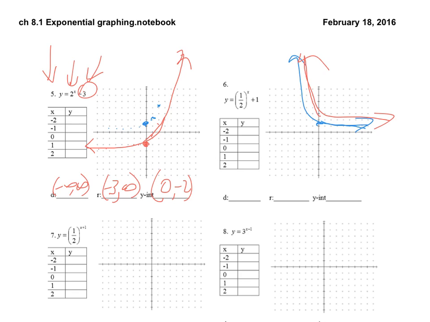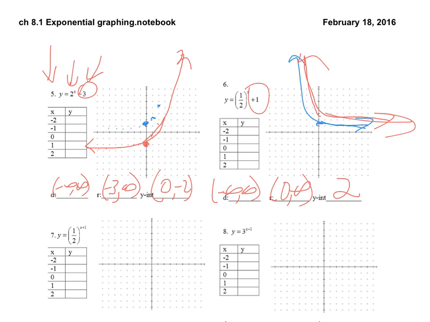Now, it looks a little strange the way I've drawn it, but it's still heading out here for 0. It just is taking longer to get there. So the range is still 0 to infinity. The domain is still all real numbers, but the y-intercept has moved up from 1 up to 2. By now, you should also be noticing that there's a horizontal asymptote for this graph of 0.